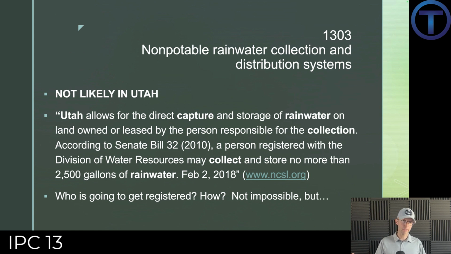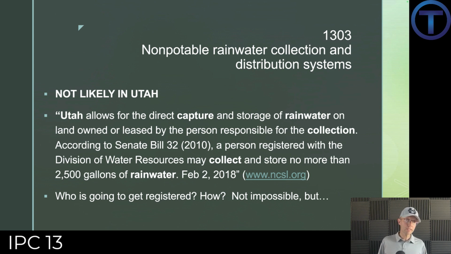That's your limit, 2,500 gallons, which is a sizable tank. You could do that. But the key is that you would need to be registered with the Division of Water Resources. And in that process, I don't know what they allow or don't allow. They might say, no, we're not going to let you do that. But the law here says that it's possible.